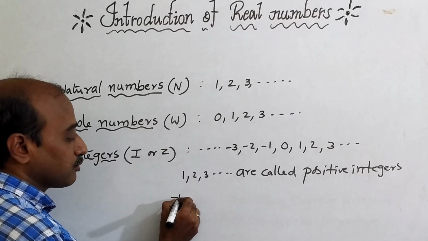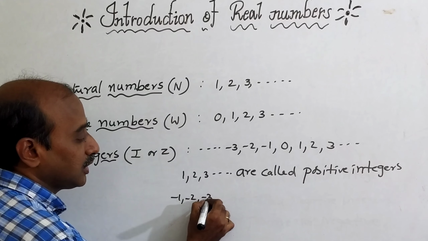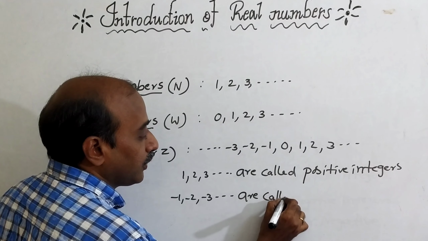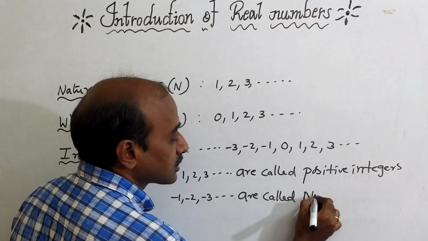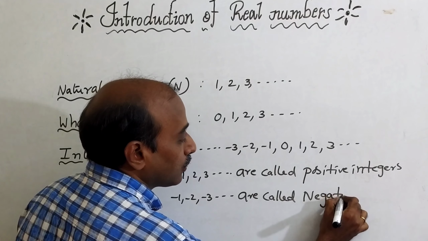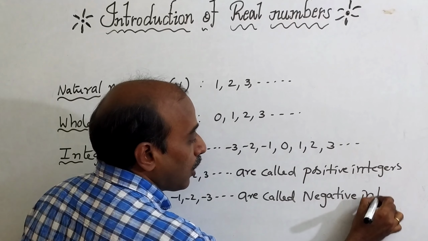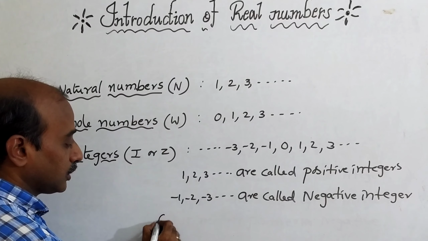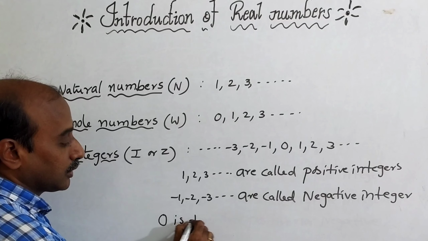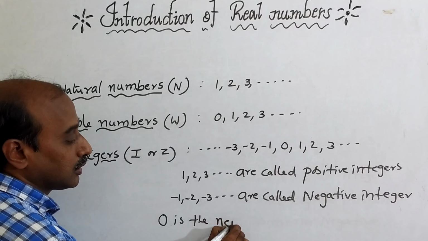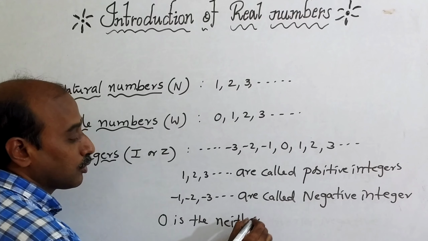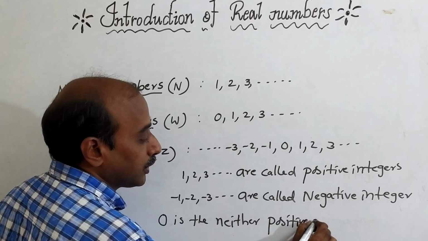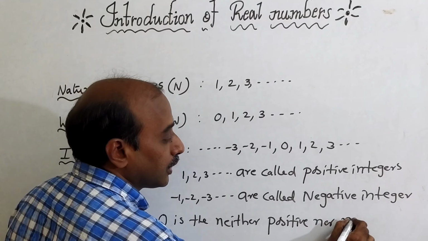Negative numbers -1, -2, -3 are called negative integers. What about 0? 0 is neither positive nor negative.